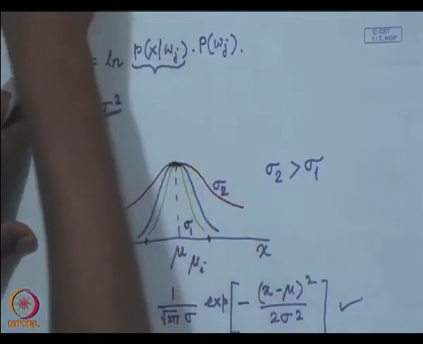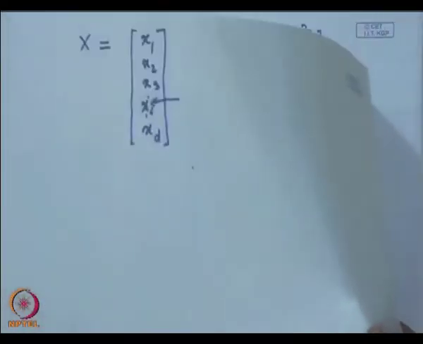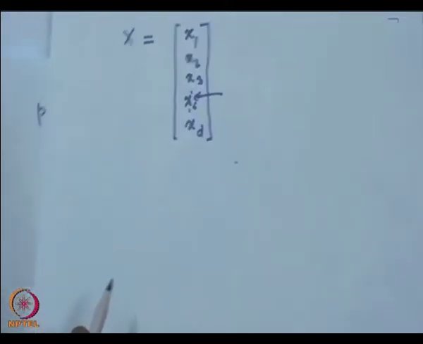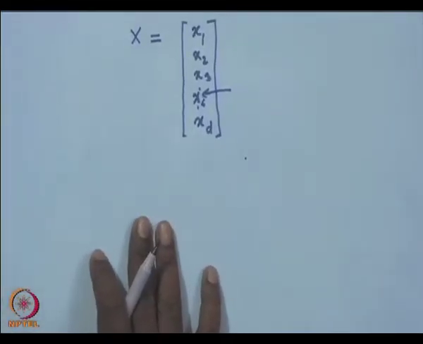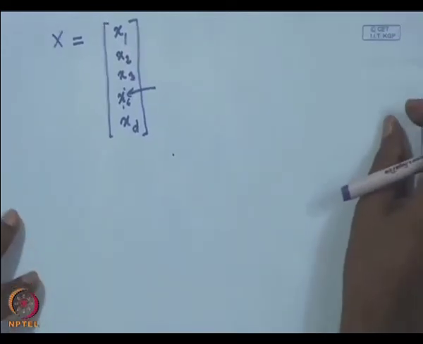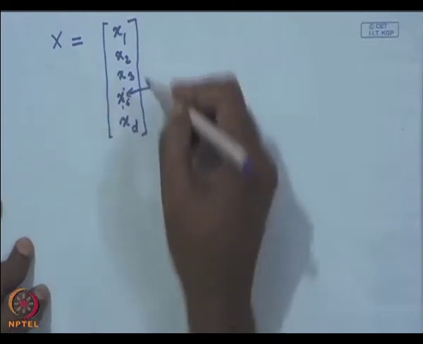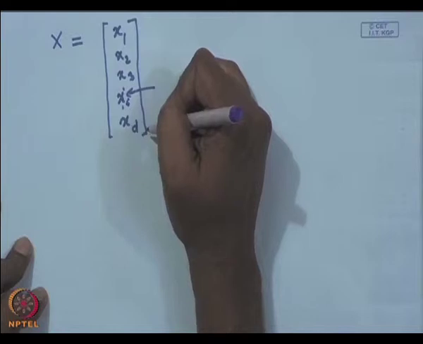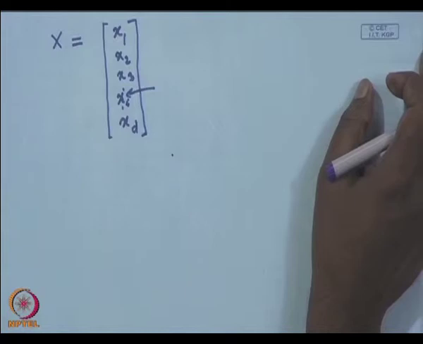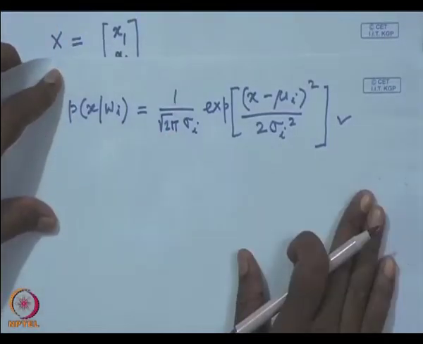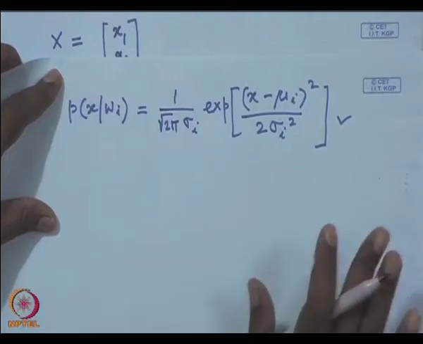Now, how does this expression change if I go for multiple variables, that is, instead of x being a scalar, now x is a vector? The vector I will represent by capital X, and suppose this vector capital X has d number of components, from x 1 to x d. So, the expression that we had written for a single variable now has to be written for a vector.